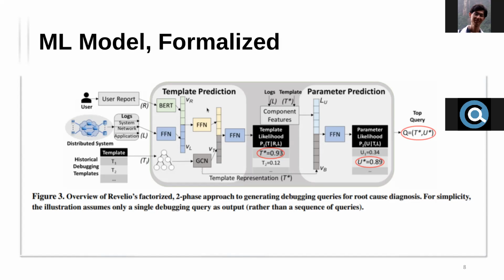This calculates the probability of using this template in a given situation, whether it's high or low. From there, the template is fed into the second system, and the logs are also fed in here to another neural network to generate the possible parameters.